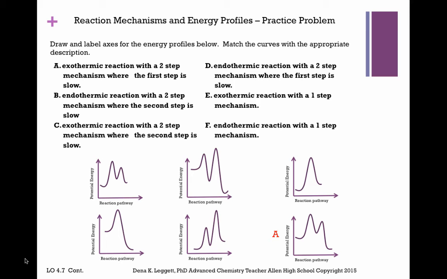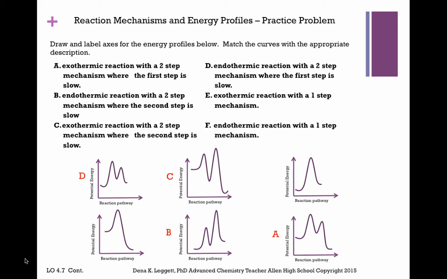Okay, and then B, an endothermic reaction with a two-step mechanism where the second step is slow. What would you guys guess for that one? Okay, bottom middle. Endothermic means your products have more energy. You have to put energy in. And again, the slowest step is the one with the highest activation energy. Then for C, exothermic reaction with a two-step mechanism where the second step is slow, that's going to be the top center.